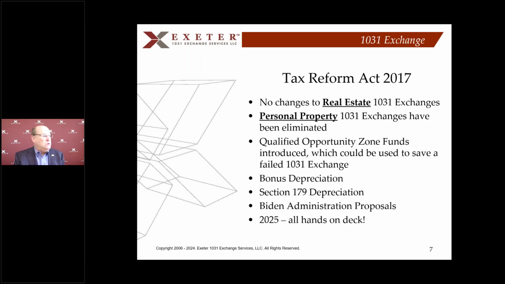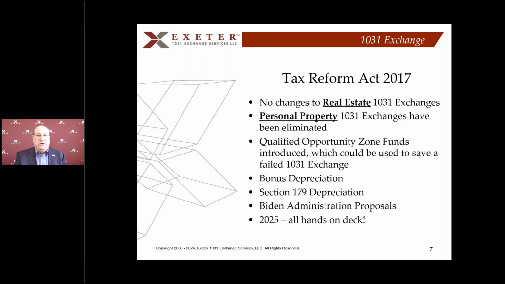Then I thought we'd kind of real quick cover some of the legislative changes, both in the last, say, 5 years or so. The Tax Reform Act of 2017 changed a lot of things, although it didn't really have any impact on real estate 1031 exchanges. Now, pre-2018, so before the Tax Act of 2017 came into being, you could actually do 1031 exchanges of personal property.